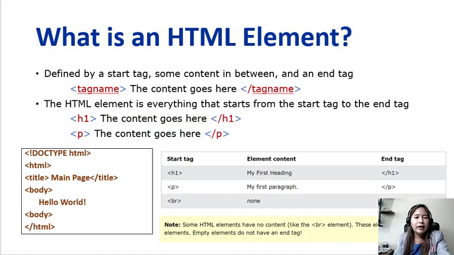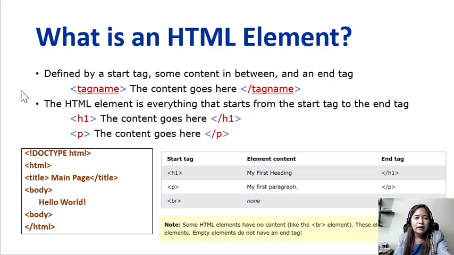There's also what you call an HTML element, and that basically starts from the starting tag. Like in the case of the example earlier, you have title, and it ends with the end tag.